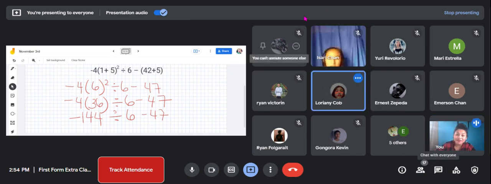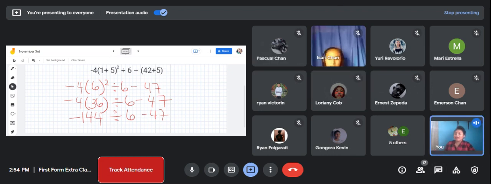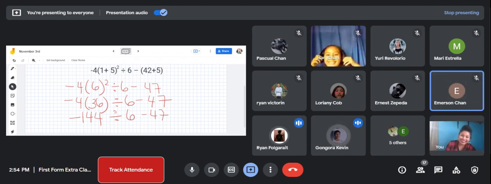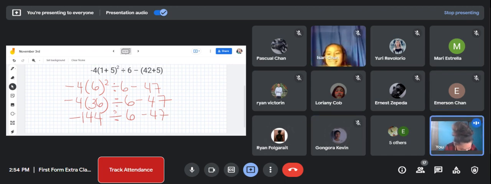Divide. Very good. Now, what is negative 144 divided by 6? 24, miss. Positive 24 or negative 24? Negative 24.